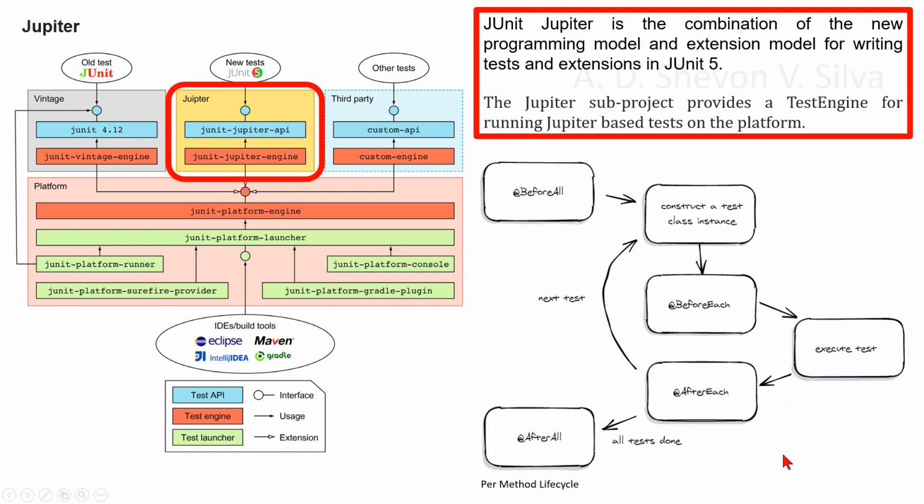By default, JUnit creates a new instance of the test class before executing each test method. This helps us to run individual test methods in isolation and avoid unexpected side effects.